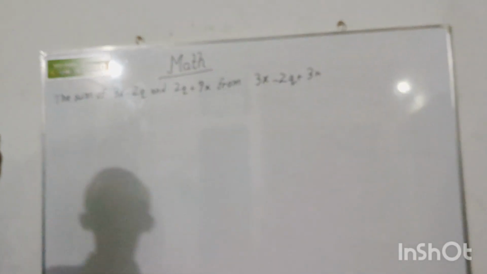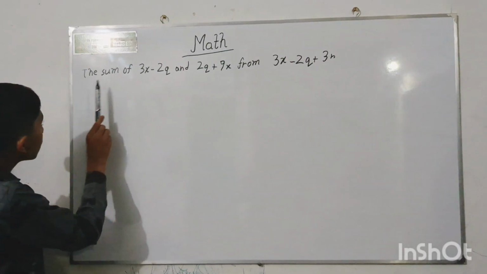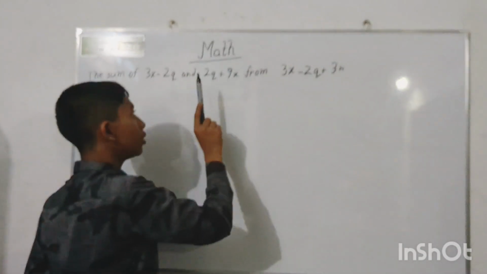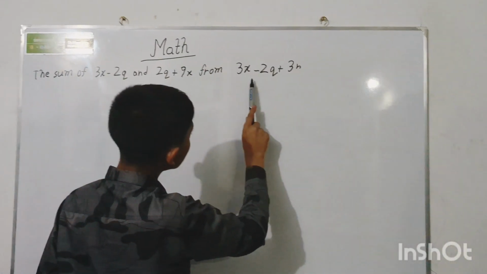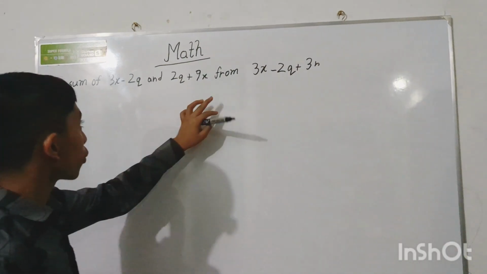Now do this math. Remember that we'll always read the question at first. Here is written the sum of 3x minus 2q and 2q plus 9x from 3x minus 2q plus 3r. Here it is given "from."